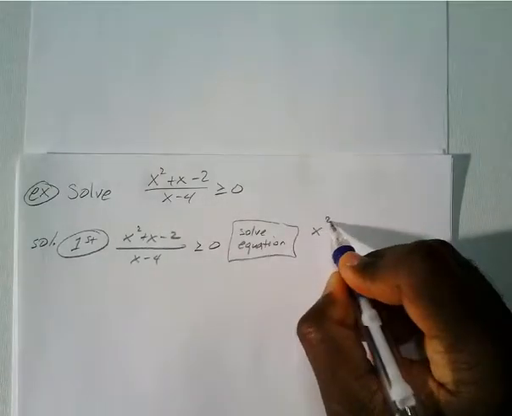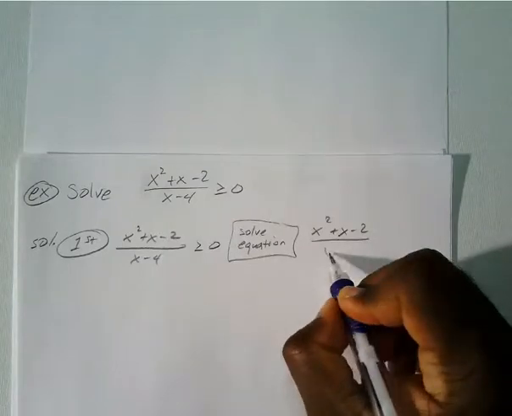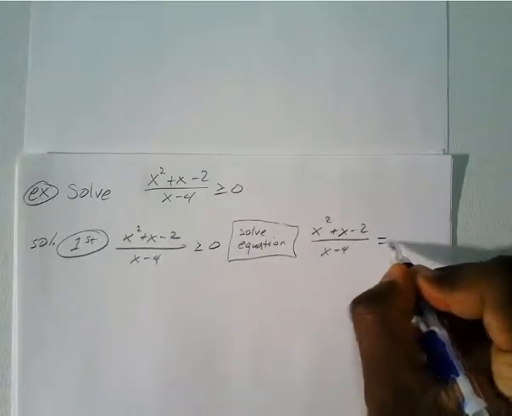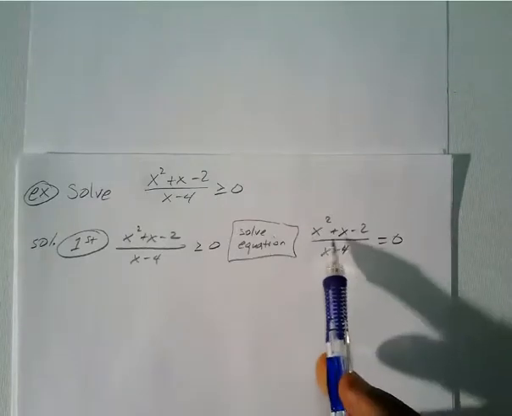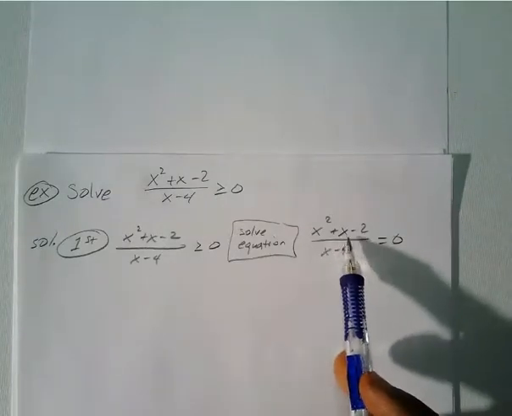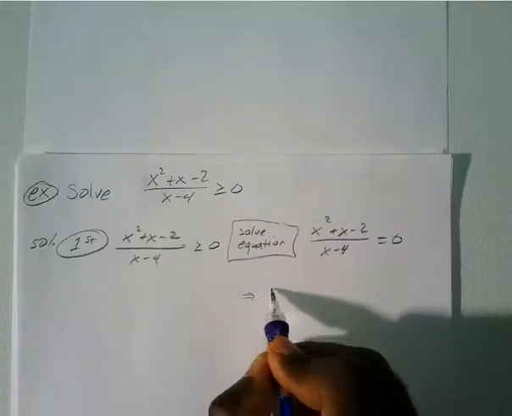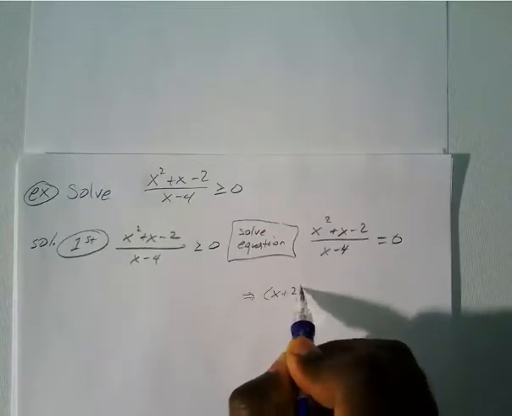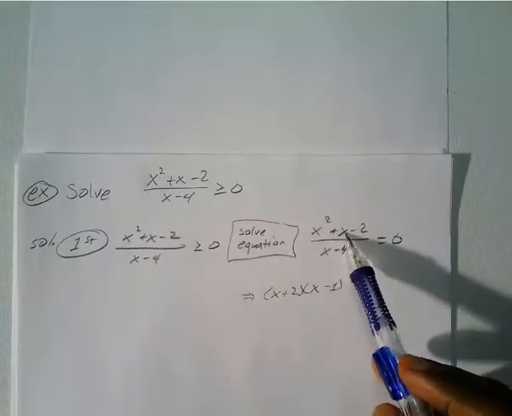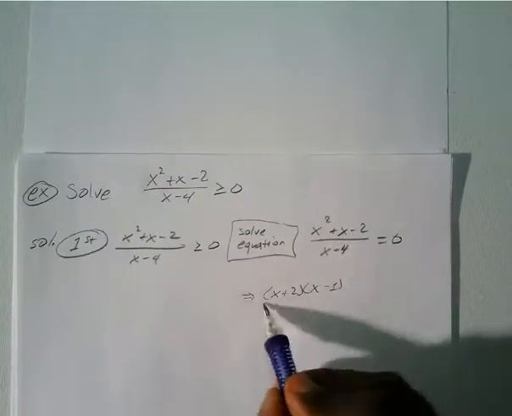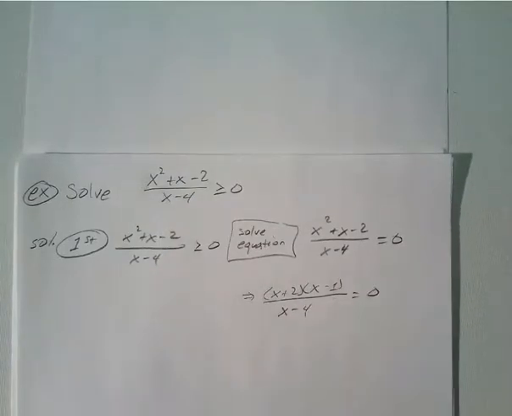That means x squared plus x minus 2 over x minus 4 equals 0. We factor the x squared plus x minus 2, and that becomes x plus 2 times x minus 1, over x minus 4 equals 0.